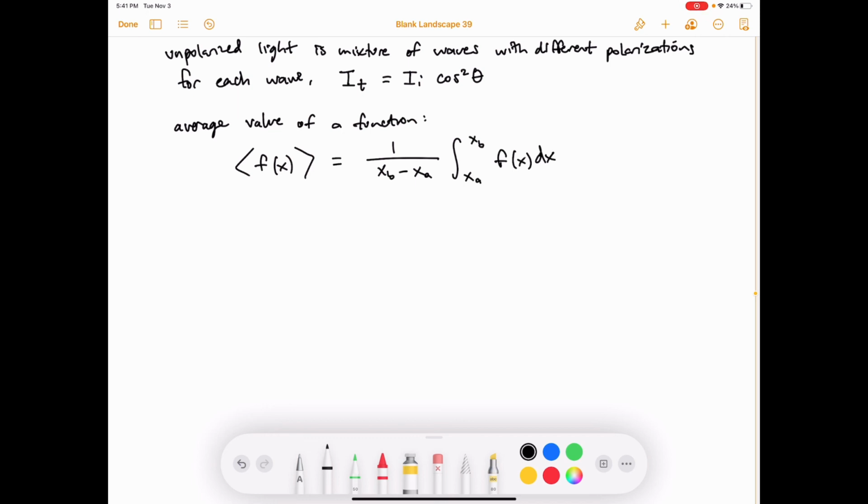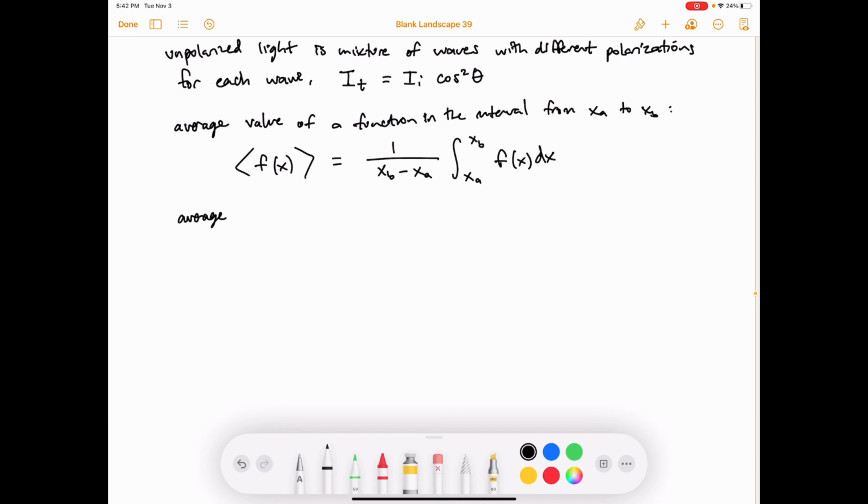So what I'm saying here is, if you integrate a function between 2 points, x_a and x_b, and then you divide out the width of that interval, which is x_b minus x_a, you'll get the average value of the function in the interval that you're interested in, from x_a to x_b.